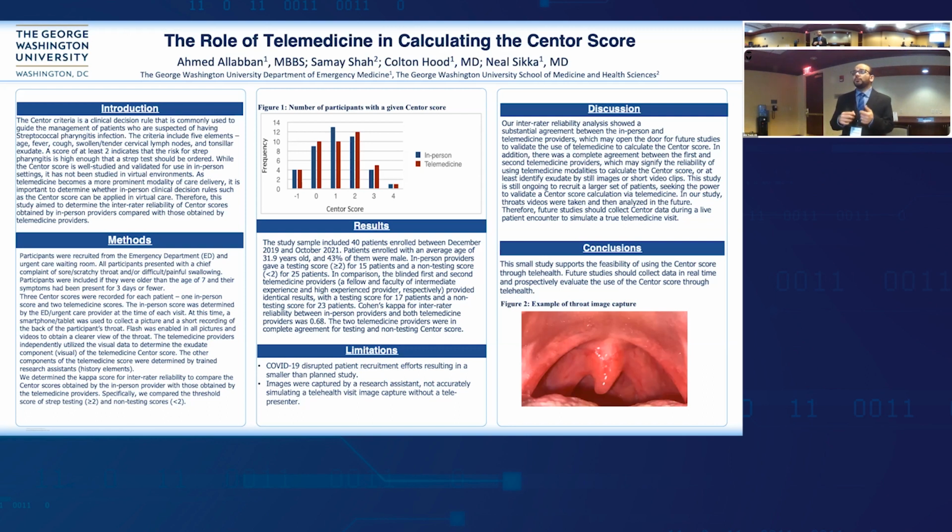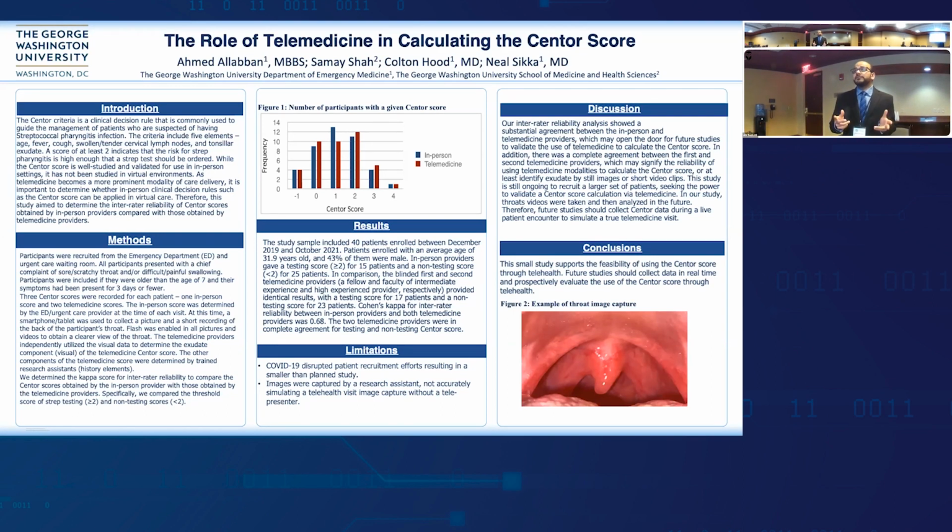The research assistants were asking the Centor criteria elements, and then they were checking the patient's anterior neck lymph nodes for any enlargement. Then they were taking short videos of the patient's throat and uploading those videos to OneDrive. The telemedicine provider was checking those videos and deciding on tonsillar exudates or swelling.